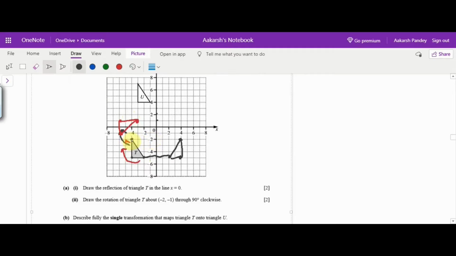It goes from this point, minus 4 comma minus 2, to this point, which is minus 3 comma 7. So it has been translated by 7 to the top and 1 to the right.